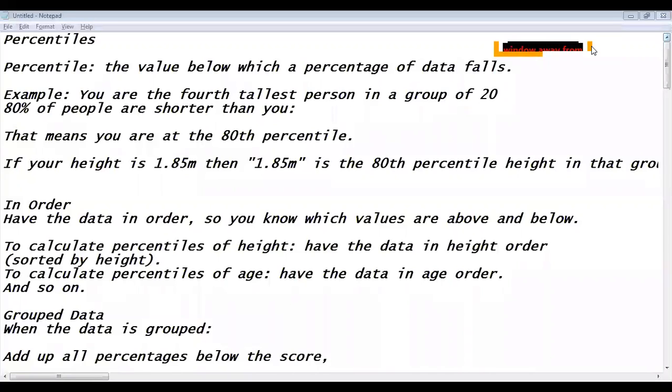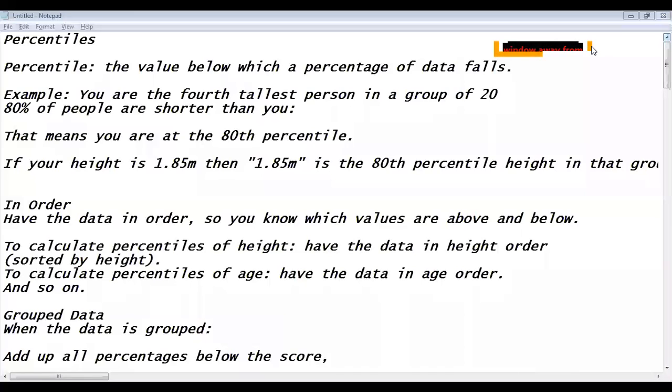When you divide 20 into 5 equal parts, each group will have 4 people, because 4 times 5 is 20.